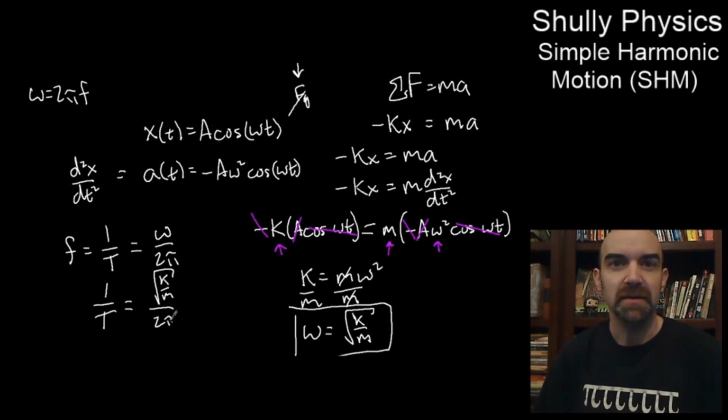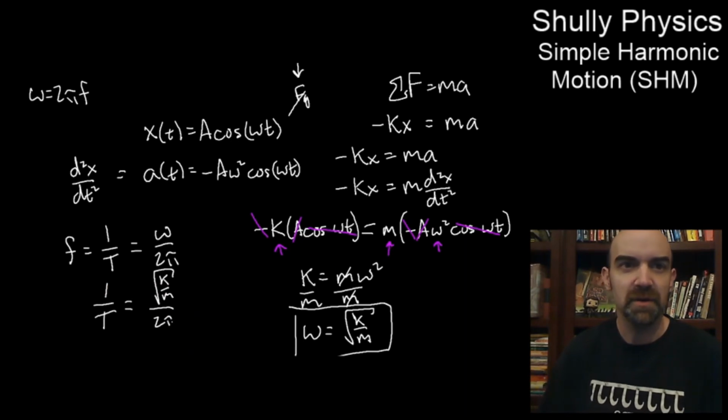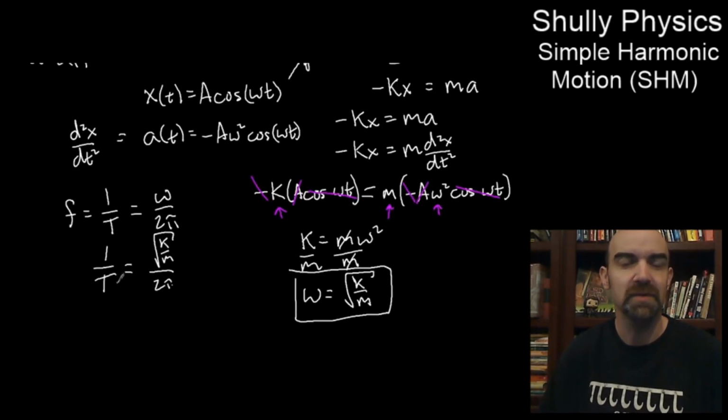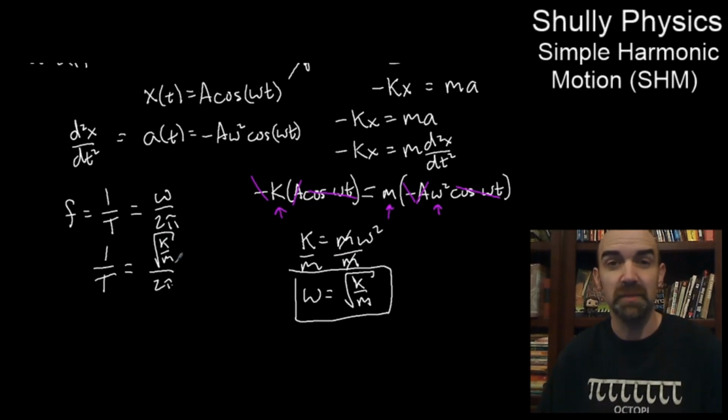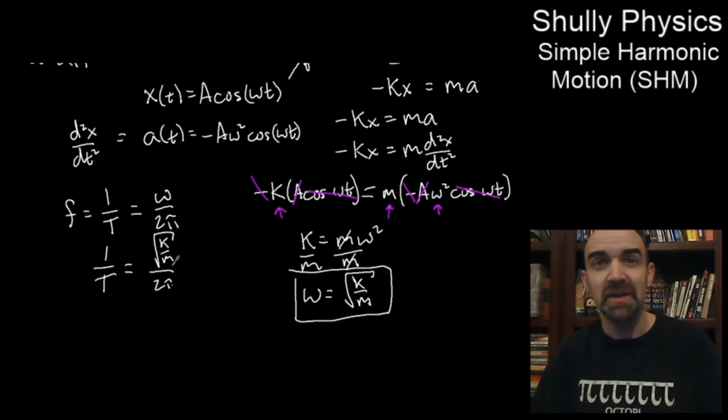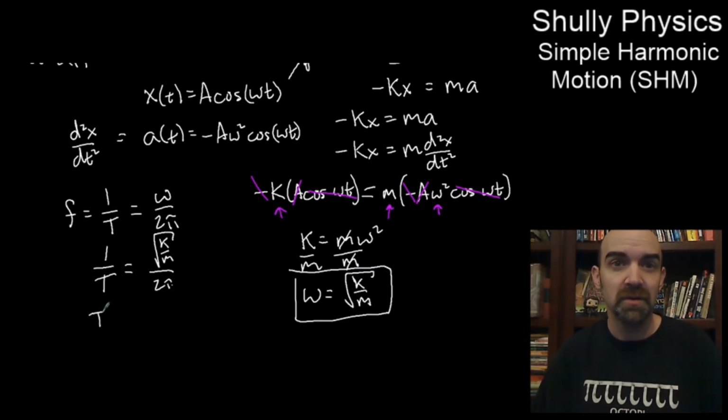Actually, I'm going to leave it right there. In order to solve for period, we're going to invert this side and invert the other. We've got a couple of ratios. If one is to t as root k over m is to 2 pi, then t over 1 is to 2 pi over root k over m.